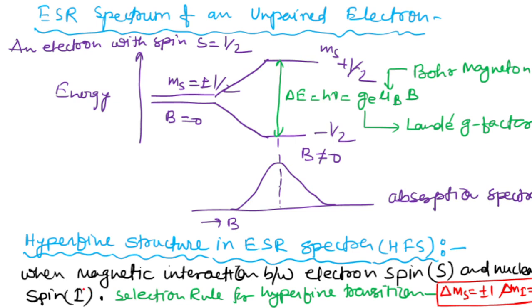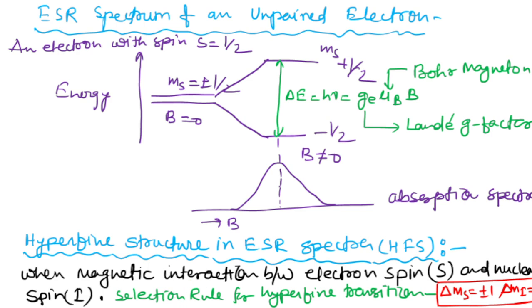The important point is that the magnetic interaction between the electron spin and the nuclear spin must happen; without this you will not get hyperfine lines or structure.